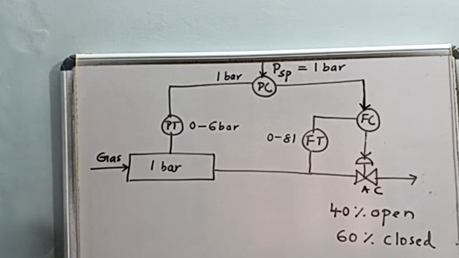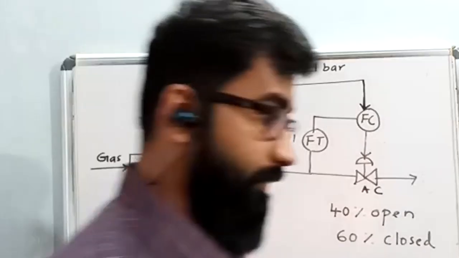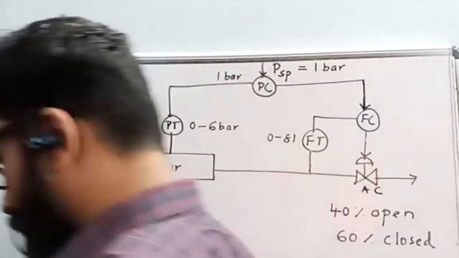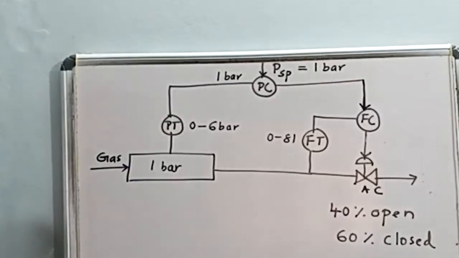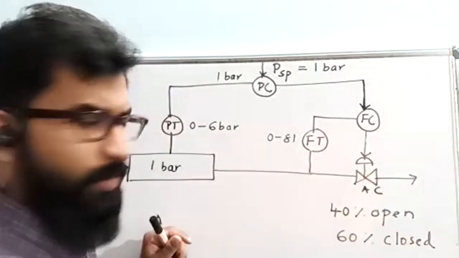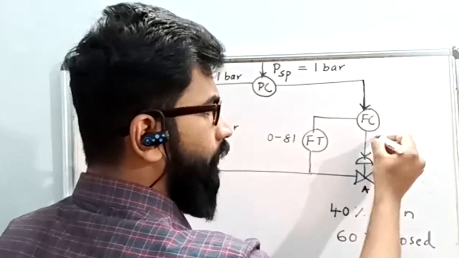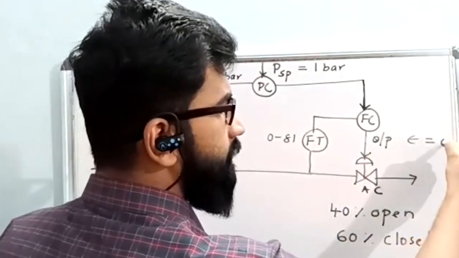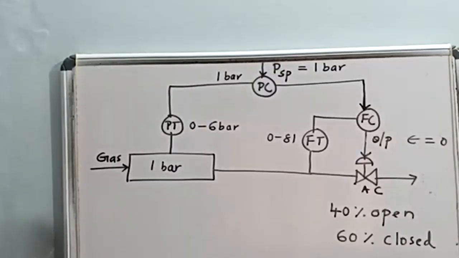Now, what are they asking? They are asking the bias value of the two controllers. First of all, I want to check the bias value for the flow controller. What is the meaning of bias value? It is the output. What is the output of the flow controller when the error is 0?